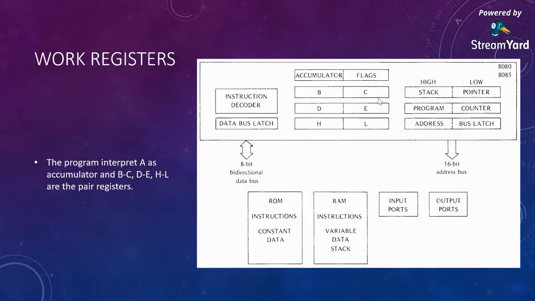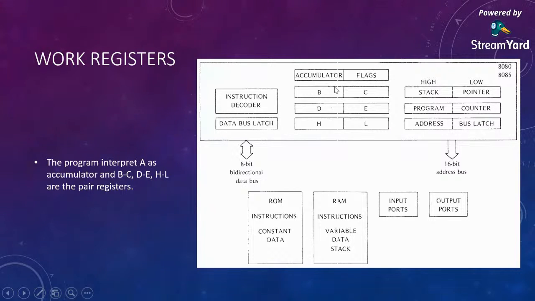Imagine if the microprocessor processed the data alone, what would happen? Of course, the data would not be finished on time, right? So we need a helper. This helper we call the work registers.